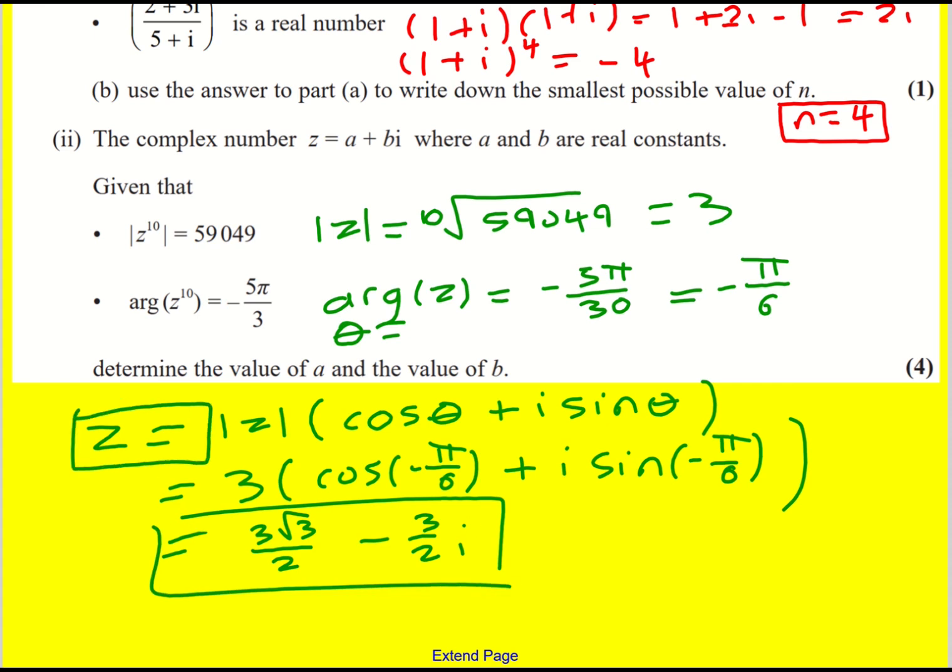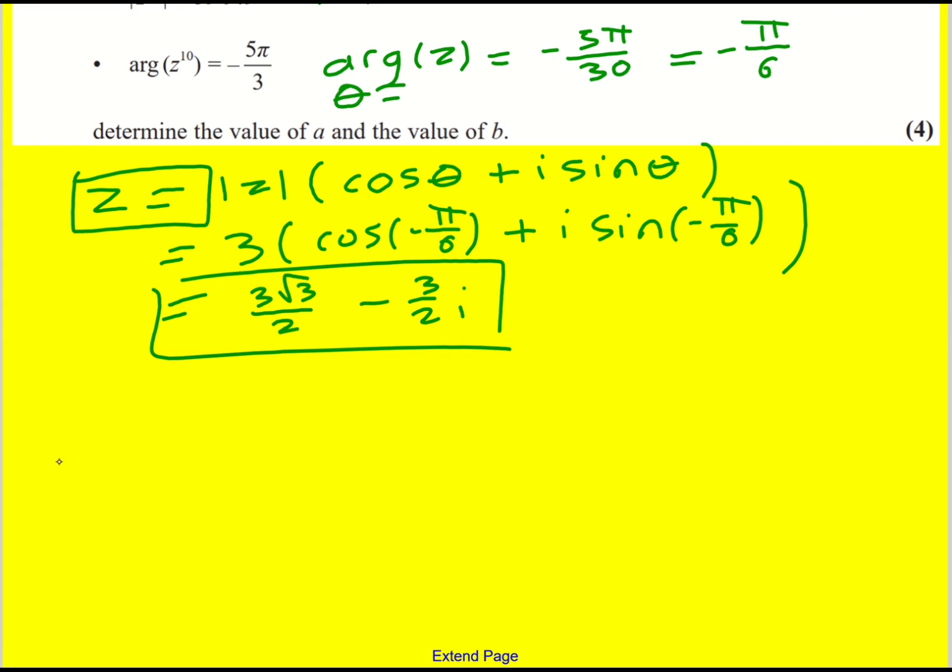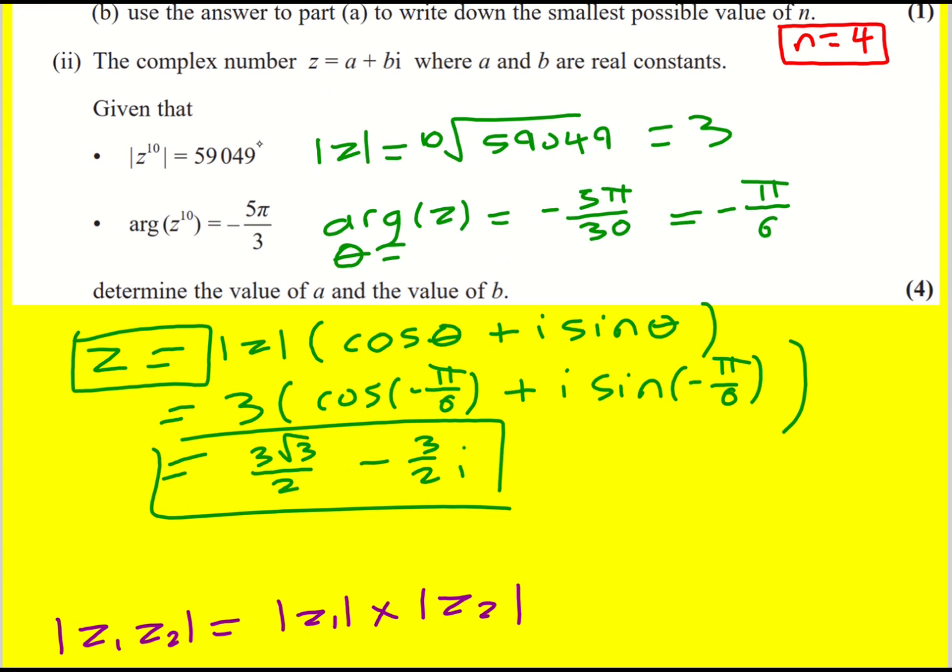So I have stated a couple of facts here that I've used without any proof. I'm just going to write them down again. The modulus of z1 z2 is equal to the modulus of z1 times the modulus of z2. Again, no proof there, but that is what I used to undo it and get back to the modulus of z.